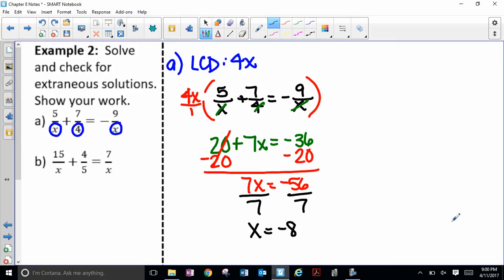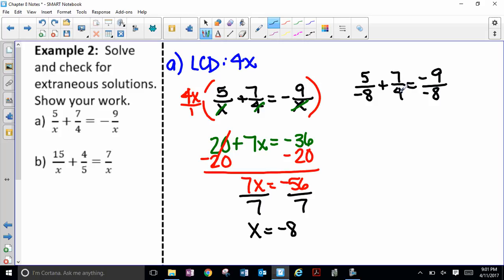So then when you plug it back in here to the denominators where the x is, negative 8 here is not going to make this fraction the bottom of the fraction 0. Now, you can check the whole thing if you're not super confident if you did it right. You can check. So 5 over negative 8 plus 7/4 equals negative 9 over negative 8.